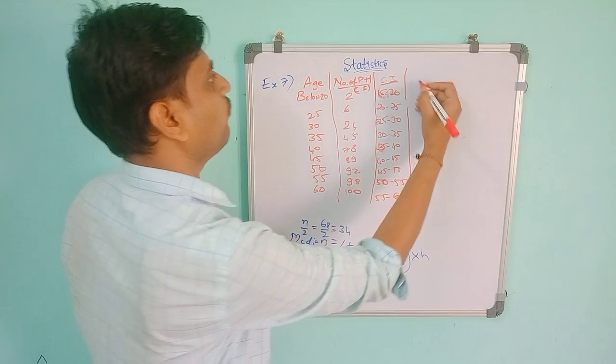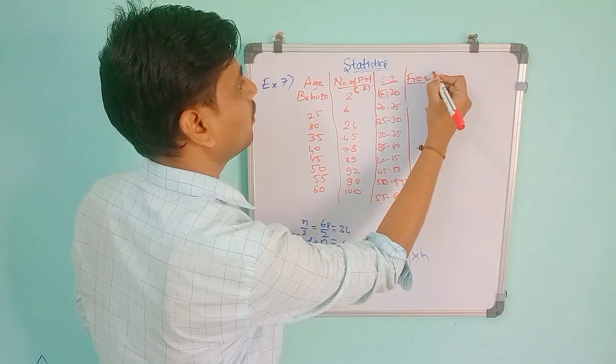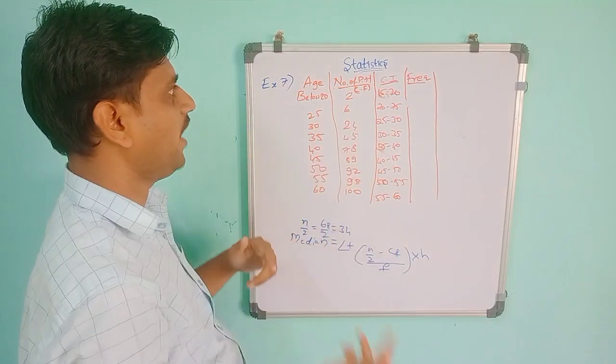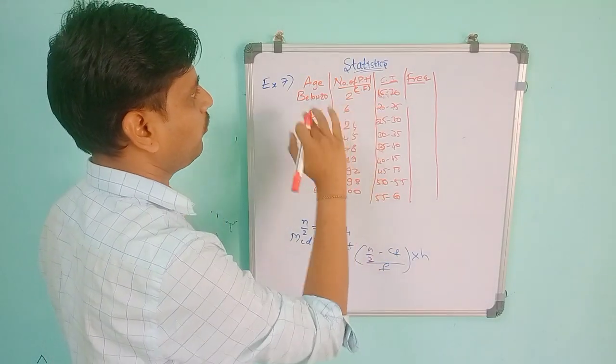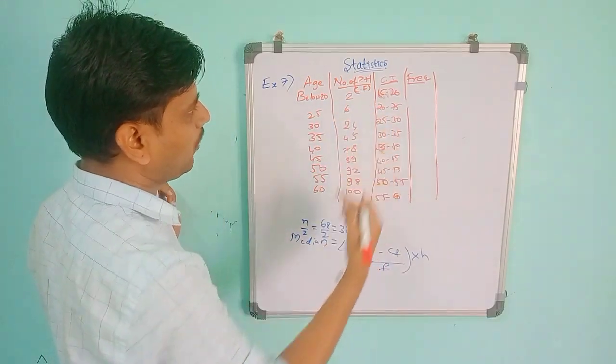Then you have to find the frequency. For cumulative frequency you add when they give less than, but if you know the cumulative frequency, to find the frequency you have to subtract.